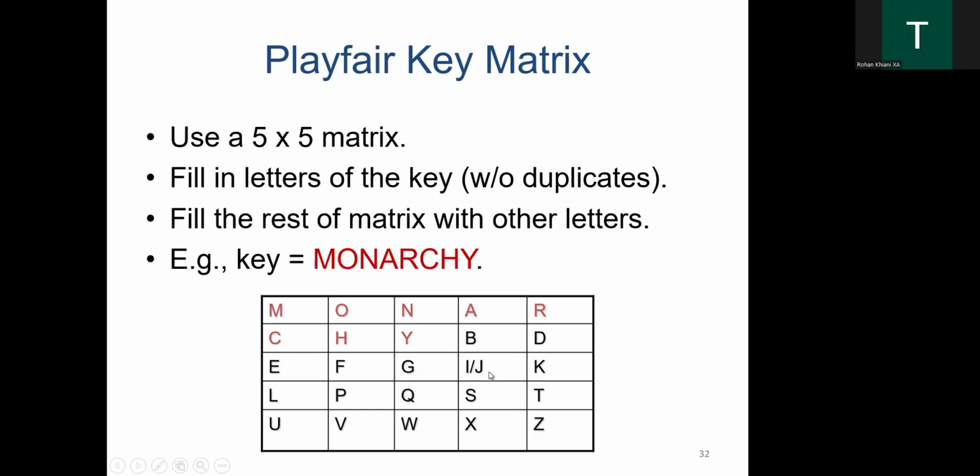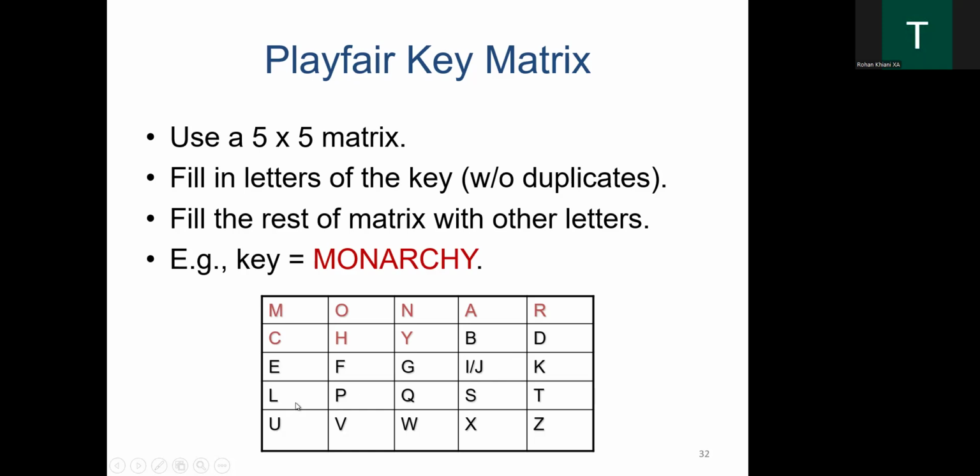We will always use I/J because we have 26 characters in our alphabet series and this matrix is of 25 cells only. So we have to use either I or J, as both are treated as having the equivalent value.